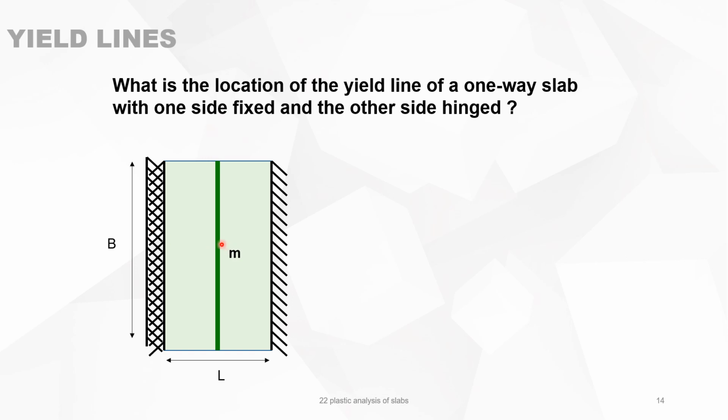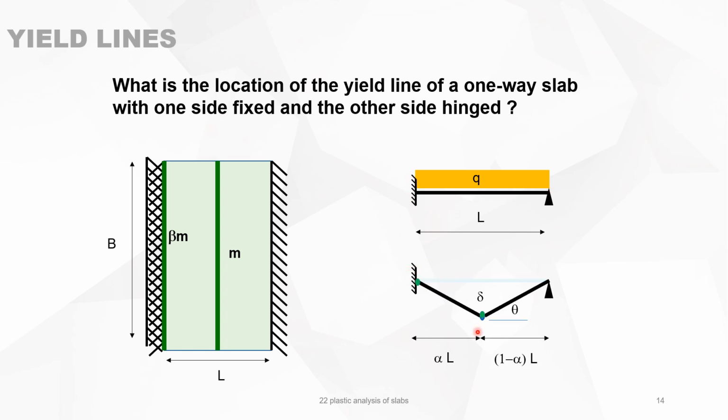So we put the yield line somewhere in between. We also know, because this is fixed, that there is also a yield line for the hogging bending moment. This is for the sagging, this is for the hogging, and we call this beta M. This is the cross-section through it, and this is a mechanism, and the position of the yield line is alpha L, measured from the right-hand side.